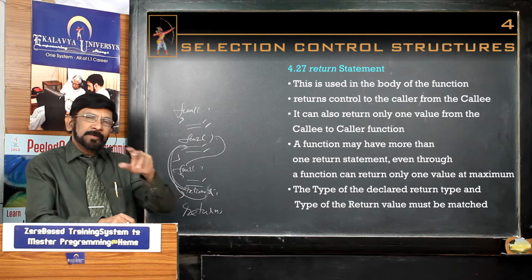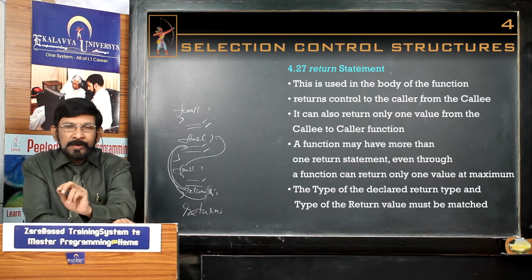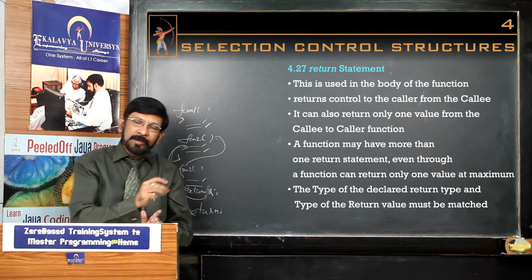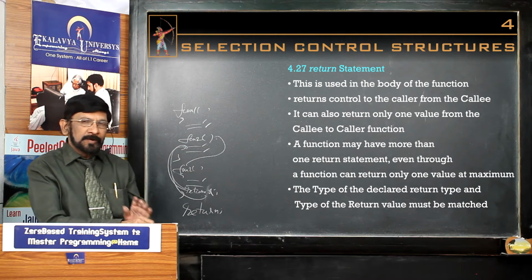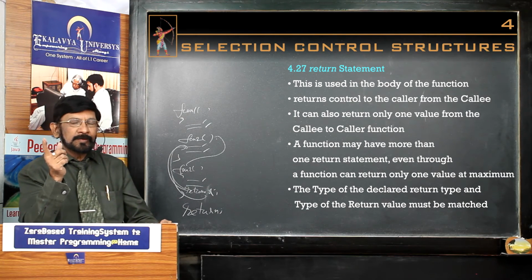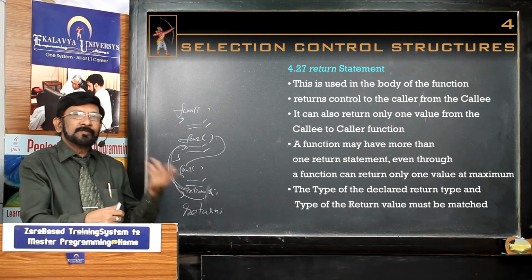So there may be 5 return statements, but for every student only one is applicable. So the number of return statements may be many, but only one is returned. That's why a function can return a maximum of one value, but a function may have more than one return statement.